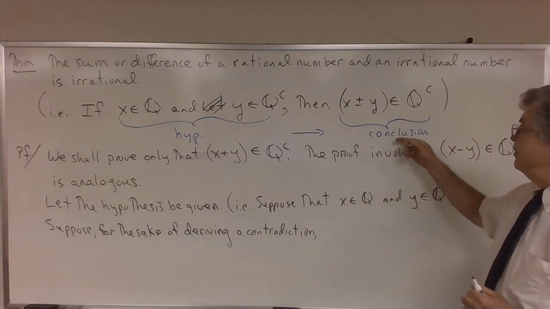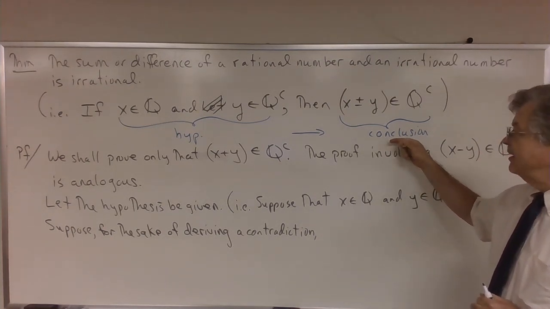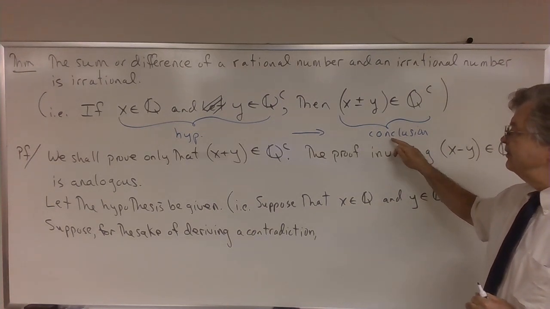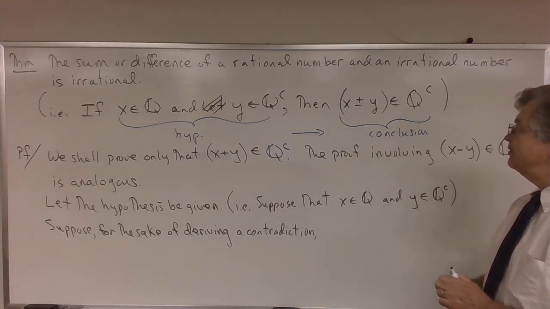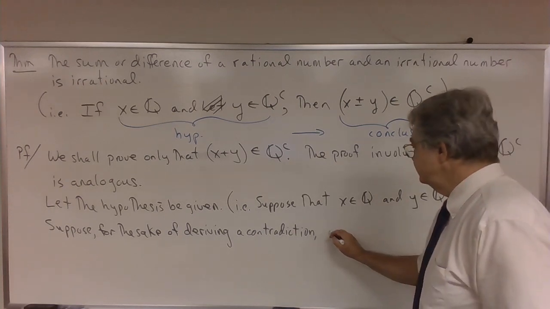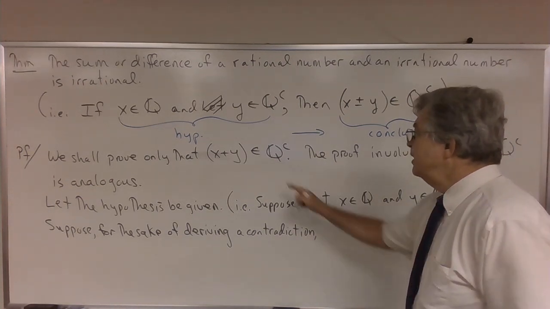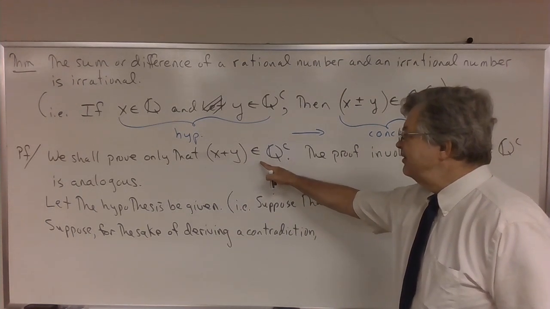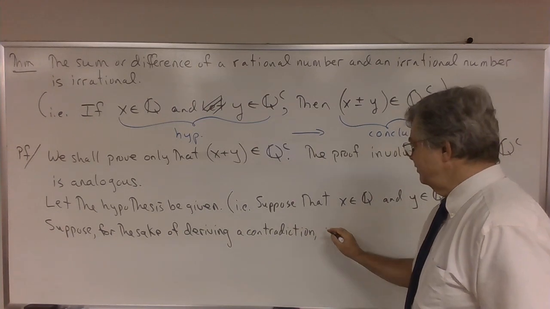We're going to suppose that the conclusion that we want to arrive at is false. We're going to assume that this conclusion is false. And that somehow is going to give us a contradiction. Specifically, this is what we're going to assume is false. X plus y is an irrational number.